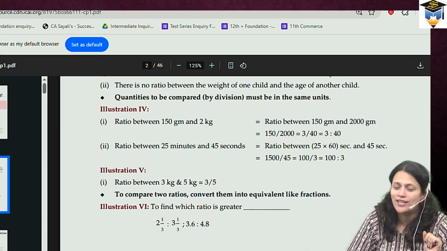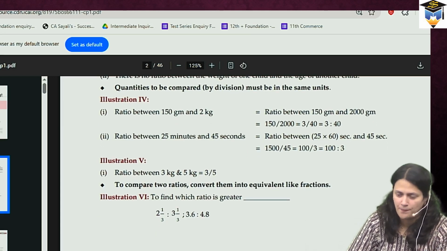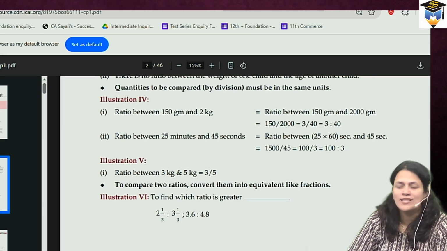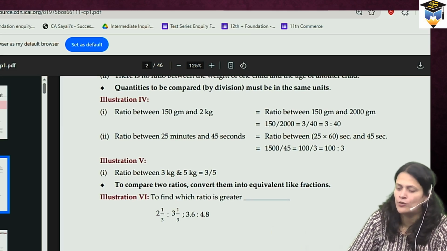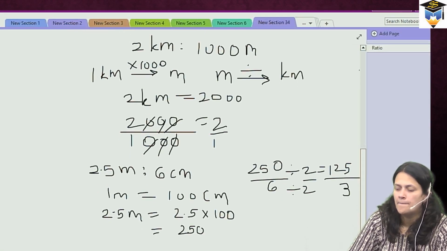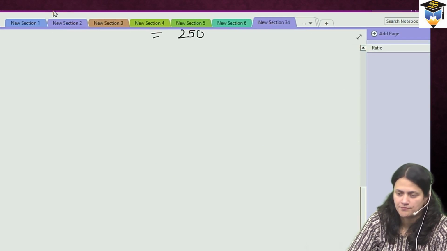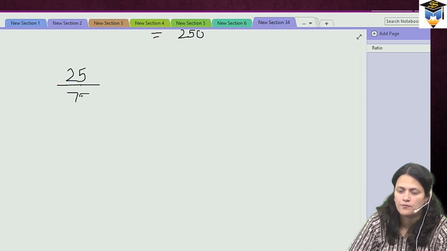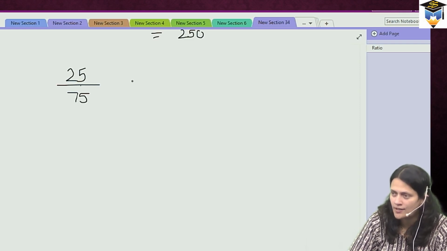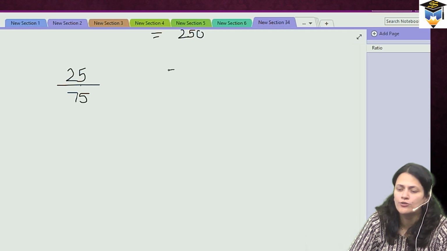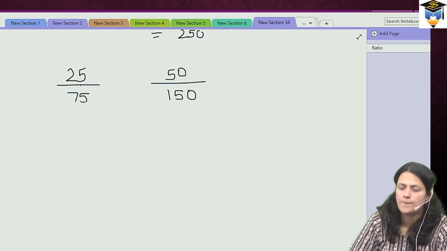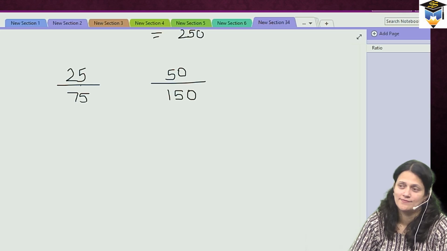Now as I was telling you regarding equivalent fractions. Okay. So what is the meaning of equivalent fractions? Suppose if I give you an example, let's say, can I say this ratio is equal to... let's see.